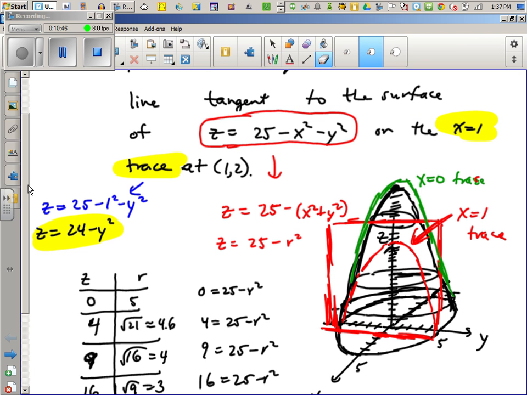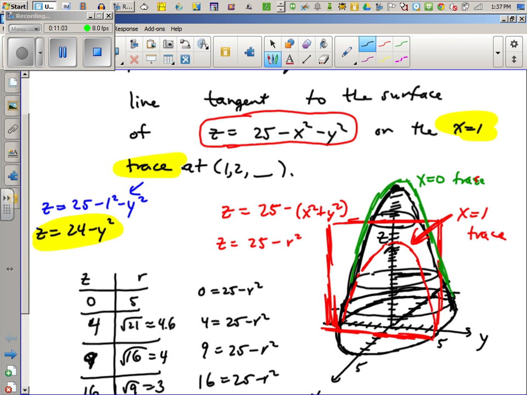Well, if x is 1 and y is 2, what's the z value? When x is 1 and y is 2, z would naturally be 20.